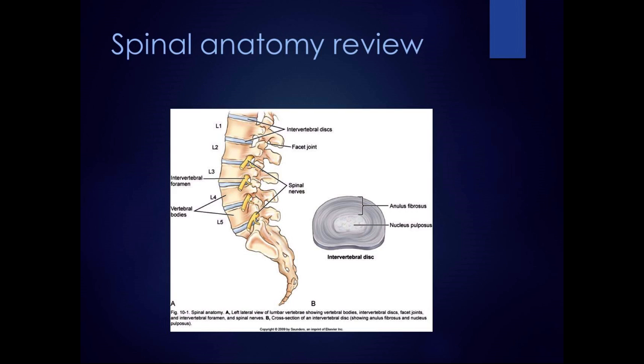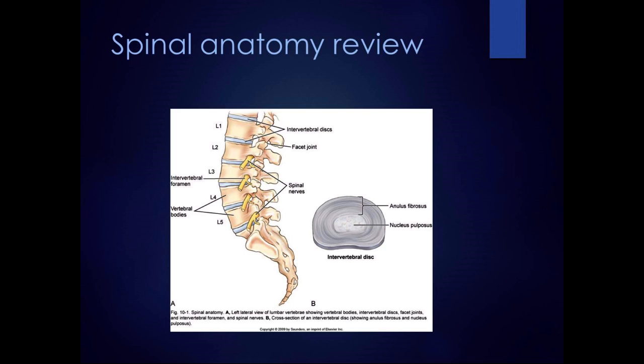So just a review of the spinal anatomy. In between the vertebral bodies, we have the discs. The intervertebral foramina are also in between the vertebral bodies. We have spinal nerves coming out through those foramina, and the facet joints.